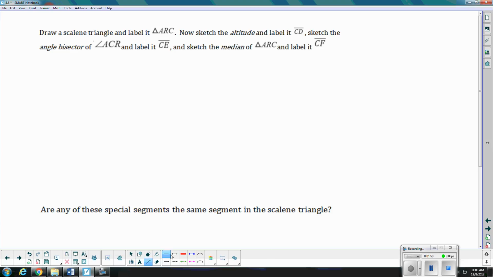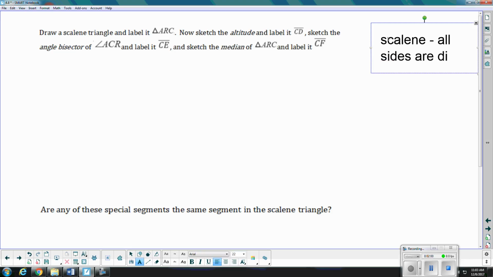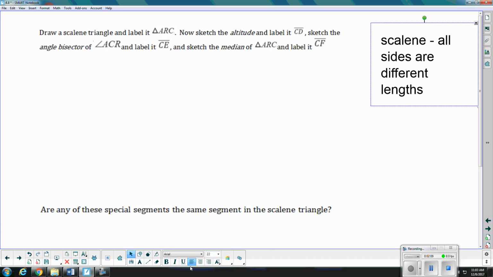All right, so if you remember, a scalene triangle has no two sides congruent. So go ahead and on your note sheet draw that scalene triangle.